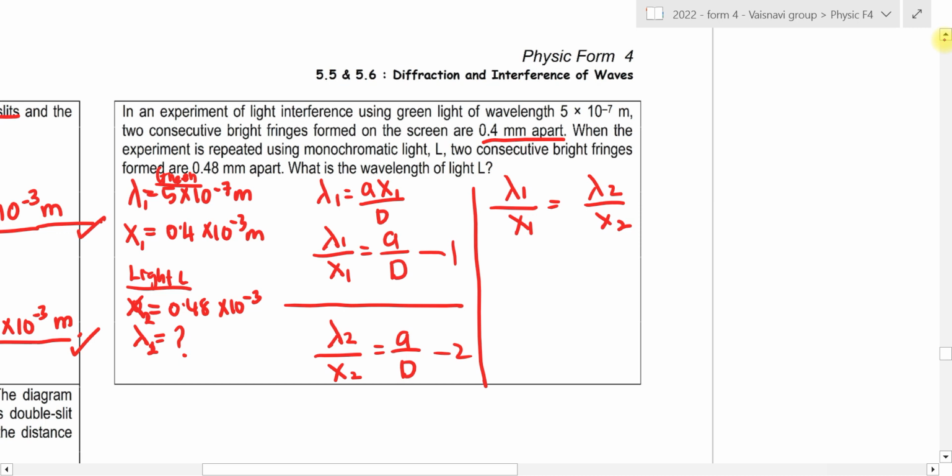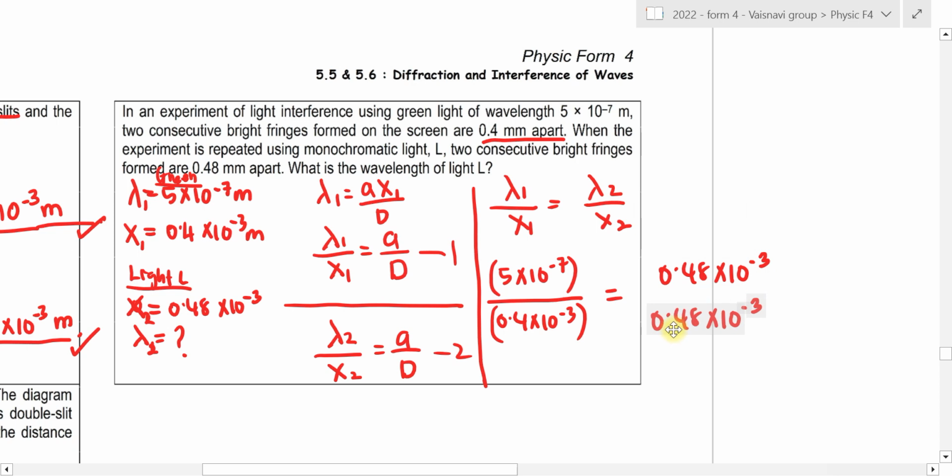Okay? Baik, lambda 1, 5 times 10 to the power of negative 7, X1, 0.4 times 10 to the power of negative 3, equal to lambda 2, X2, 0.48 times 10 to the power of negative 3, over lambda 2. What is your lambda 2?